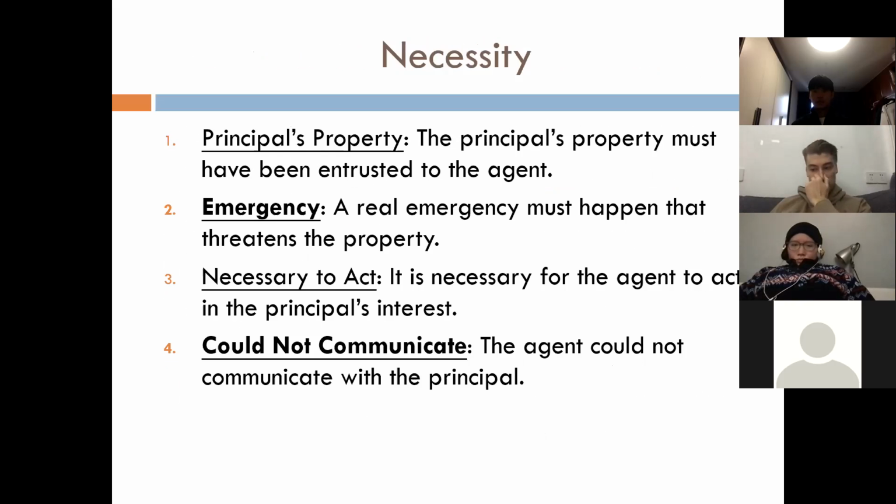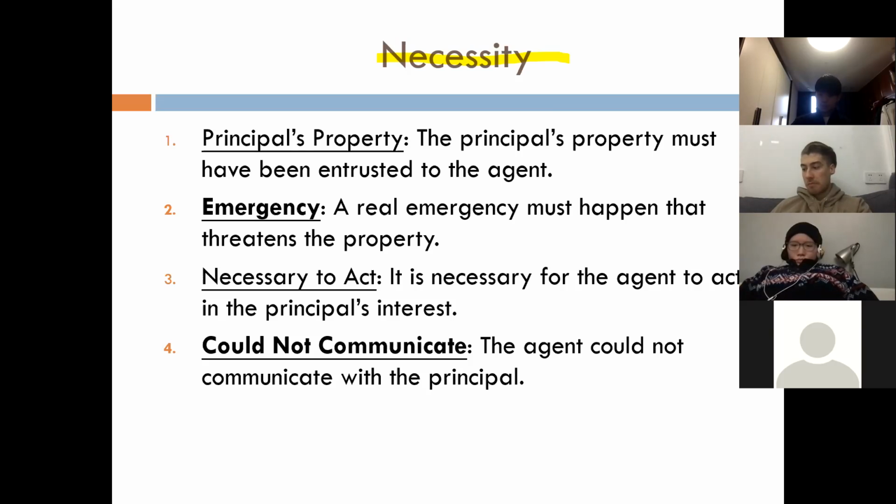So it looked like the Samaritan law. I guess, but the Samaritan rule doesn't relate to property. Yeah, it's for civil law. This is called necessity.